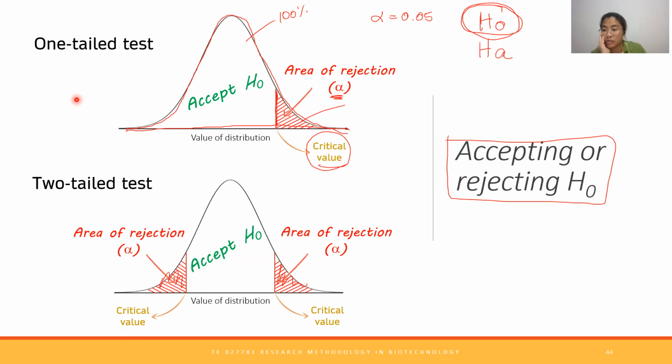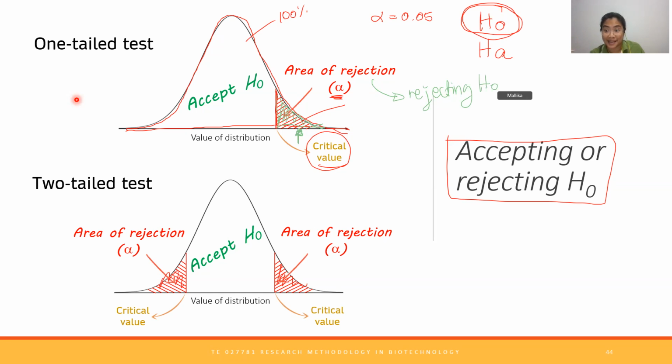If your calculated value falls at this point on the axis, that means it falls within the rejection area, so you have to reject H null. Rejection area means rejecting H null.